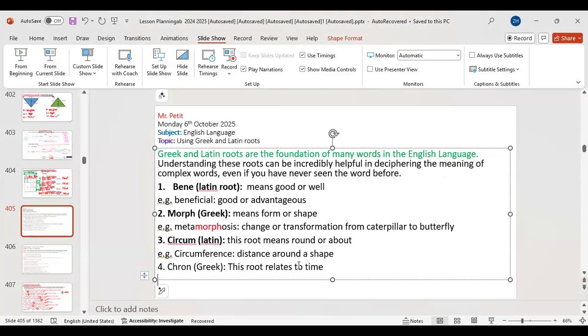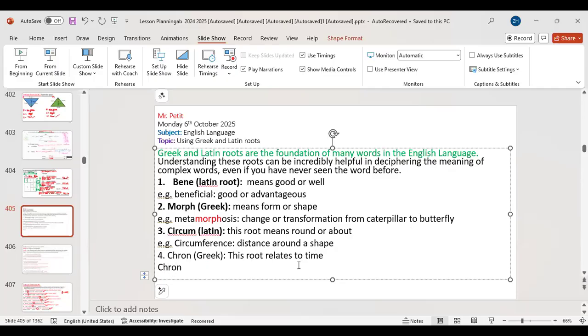What word that starts with chron relates to time? Chronological, very good. Chronological order or chronology. Y'all ever heard that word before? Chronograph. Okay, thank you. Anyone else? Chronology.